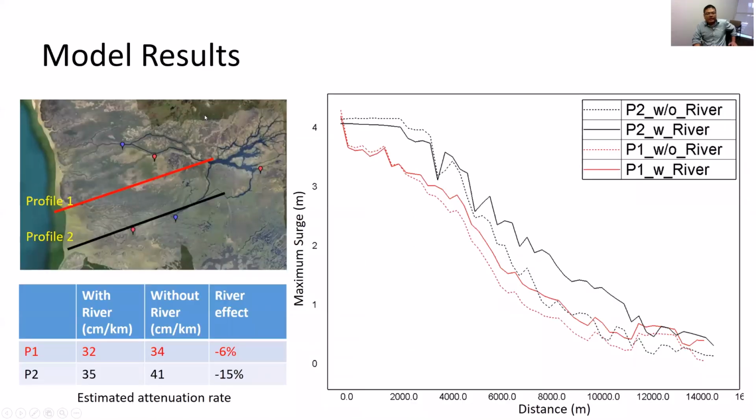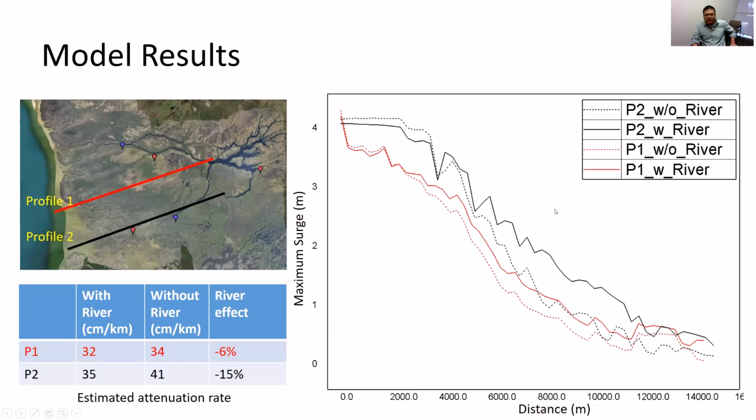This slide presents the maximum storm surge profiles at two locations. One is the red line along the path without much river channels. The other is the black line along the Shark River. The right-hand side figure shows the maximum storm surge profile, and the colors correspond to the profile color, as you see here.